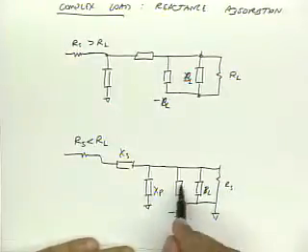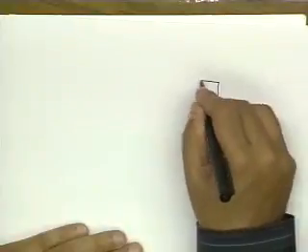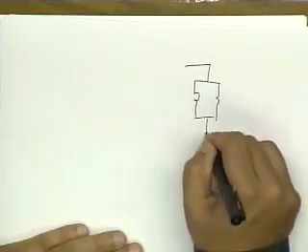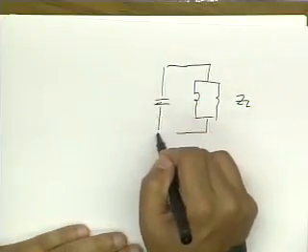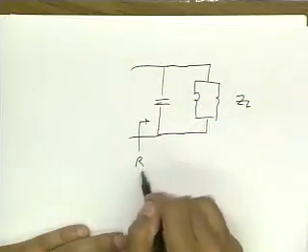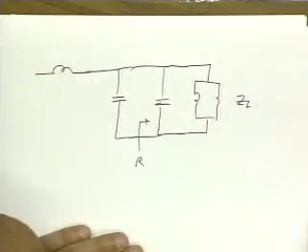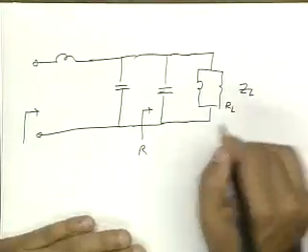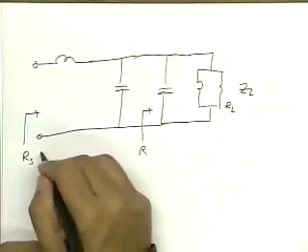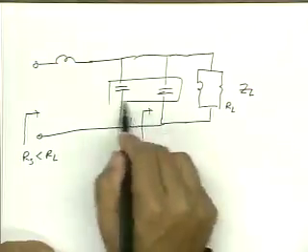And now you notice that this and this together can get absorbed together. So for instance, let me just do a real example. Let's say this is my load. And I'm going to, first of all, put a capacitor across here so that from here I just see R. And then I'm going to put another matching network here. And so here I just see an RS, which is less than RL, and I notice that this extra capacitor could just get absorbed into one capacitor.